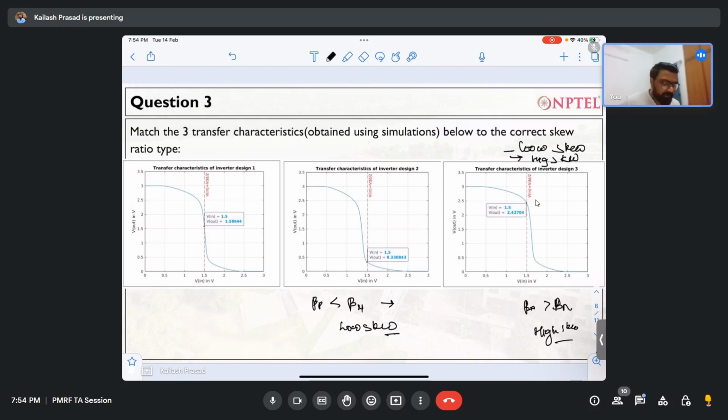That is fine. But after observing this particular graph, just by looking at this graph, how can you say that beta P is less than beta N? You might have thought something, this is shifted left. Okay. So yeah, that is not a correct answer, right? No, I understand.